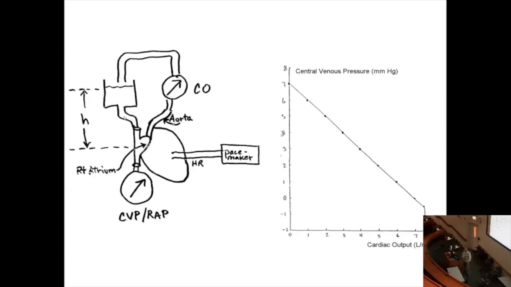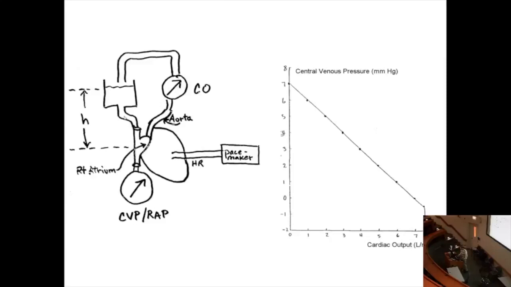So if you vary the cardiac output, your central venous pressure falls. If you vary the central venous pressure, your cardiac output changes. If your central venous pressure falls, your cardiac output falls, okay? So both relationships are true. It depends on what you're changing. If you're changing cardiac output, central venous pressure changes. If you're changing central venous pressure, cardiac output changes.